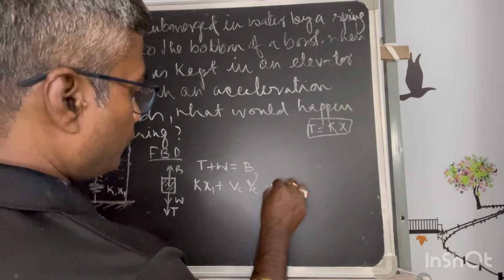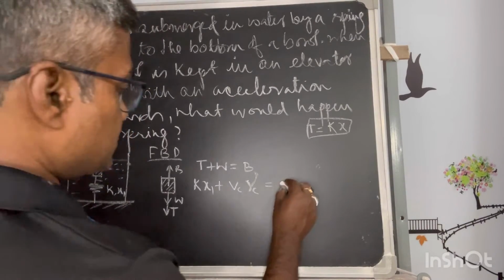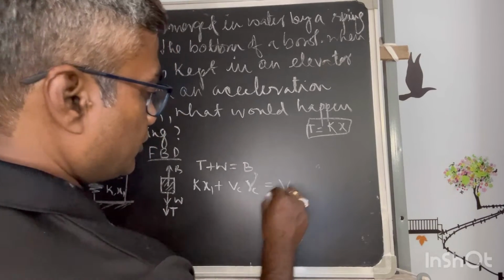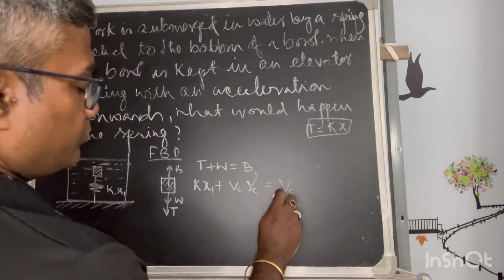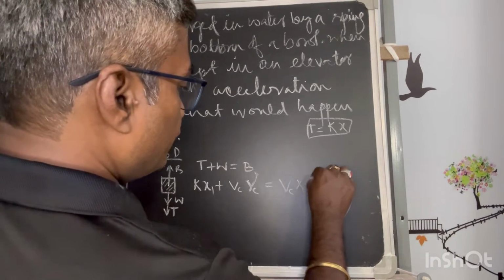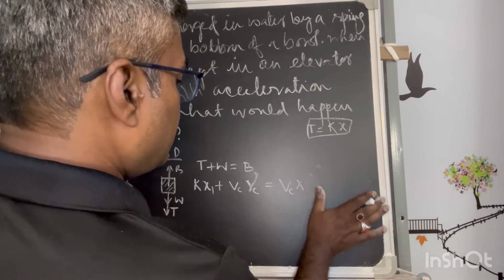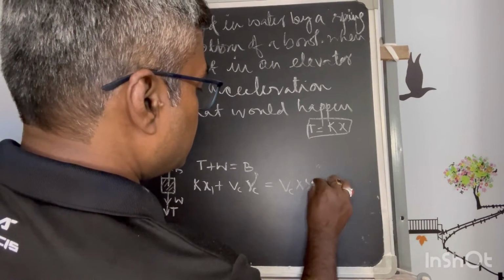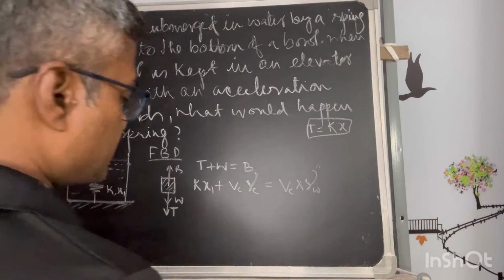Buoyant force is equal to the volume of the water displaced, which must equal the volume of the cork, because it is completely submerged. Volume of water displaced is the volume of the cork, into the rho of water into g. Instead of that, we'll write the specific density of water to reduce the terms. This is the first case.